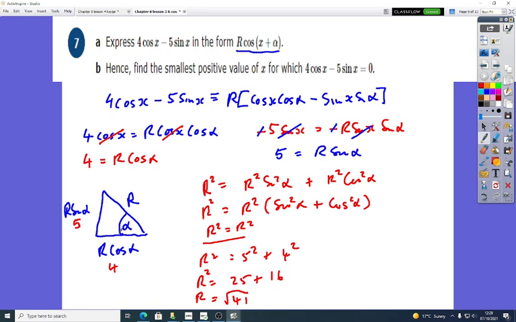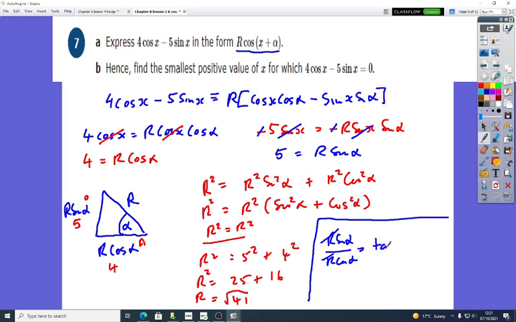Now this one, just the same way, you just do tan. This is opposite, this is adjacent, and you should know this from GCSE. Tan alpha is opposite over adjacent. But furthermore, if I was to prove this to you, all you need to do is just do r sine alpha over r cos alpha. The r's will cancel.